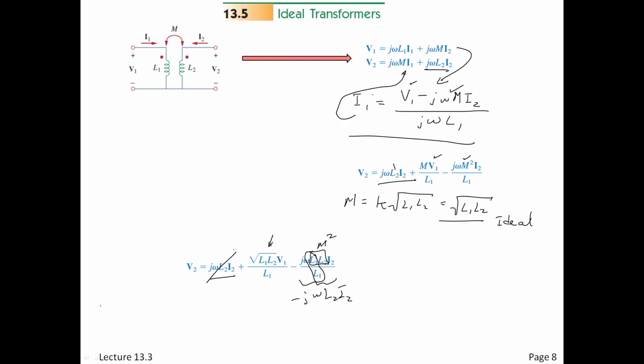So those two terms go away. And this is left with what? Square root of L2 over L1 V1, right? Because this canceled with one of these. All right, fancy way of writing it.